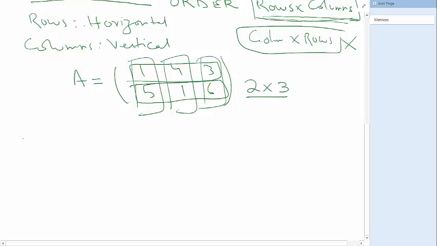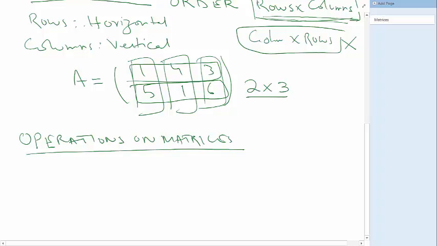Okay, so now let's start with operations on matrices. We have four fundamental operations which we can apply on matrices.